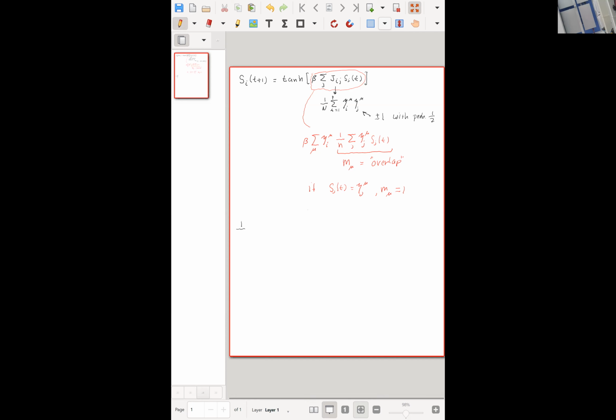So 1 over n, the sum on i of eta_i^nu S_i of t plus 1. This thing, remember, is just equal to m^nu of t plus 1. So the overlap at time t plus 1 is equal to tanh.